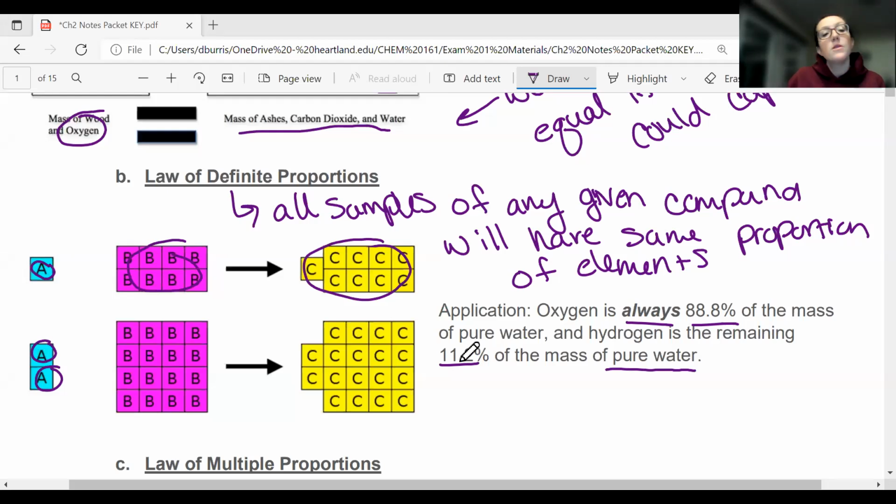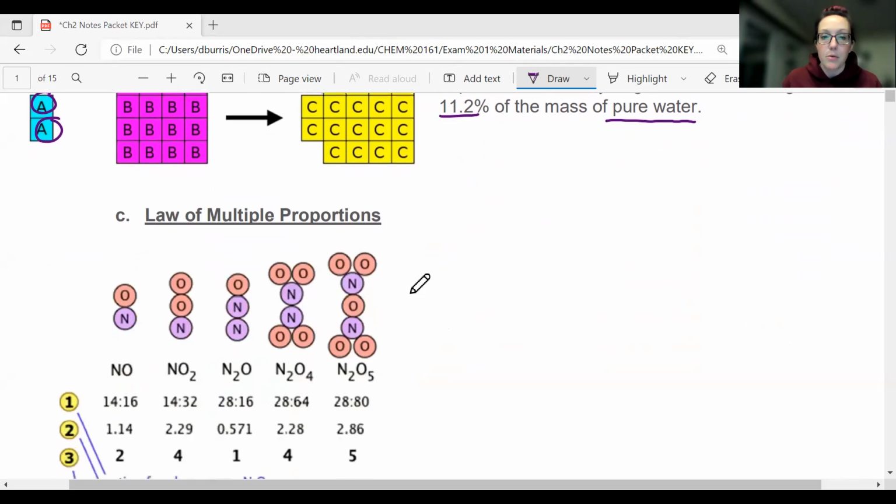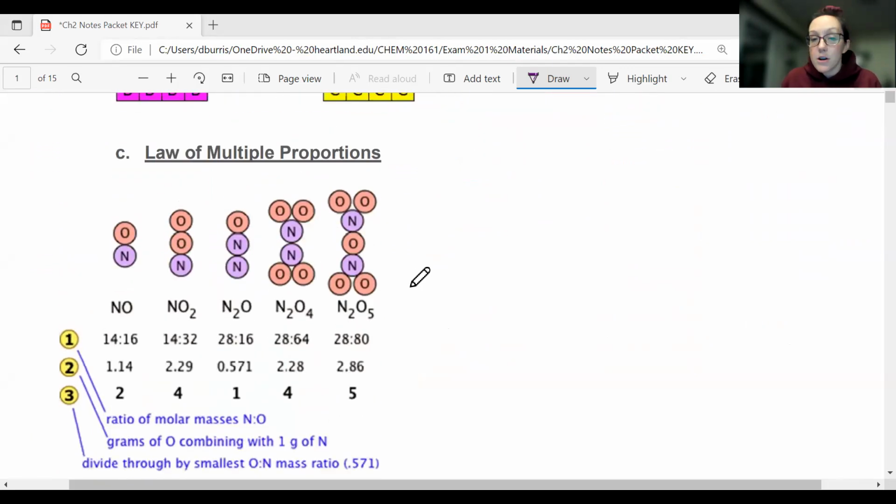Okay, so the other law is the law of multiple proportions. If you think about what the name of the law means, this means that there can be different or multiple proportions. Okay, water is H2O, but you can have a different proportion of hydrogen to oxygen. You could do hydrogen peroxide, which is H2O2, which is a completely different formula, and it has different percentages, but it is still a combination of hydrogen and oxygen. So this is the law of multiple proportions.